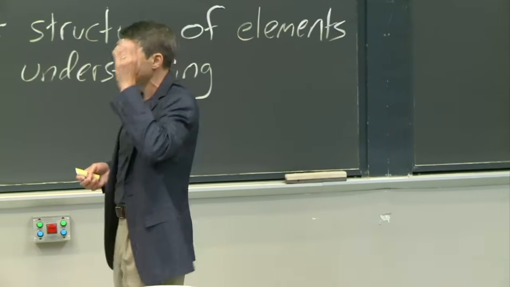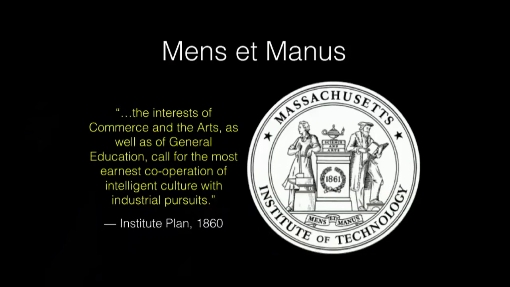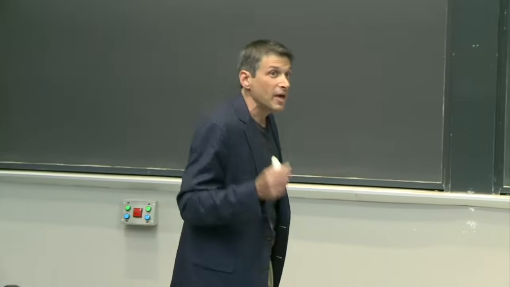It's a great read. But I want to pull out one part that's really important. What they wanted to do with this great new institution was to do something that would serve the interests of the commerce and the arts, as well as of general education, call for the most earnest cooperation of intelligent culture with industrial pursuits. Intelligent culture, industrial pursuits. That is mens et manus.